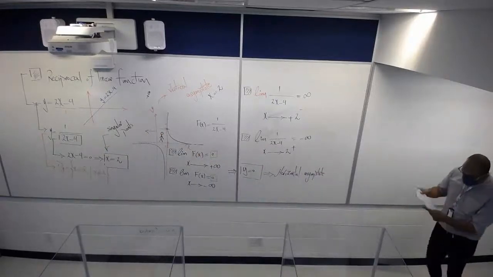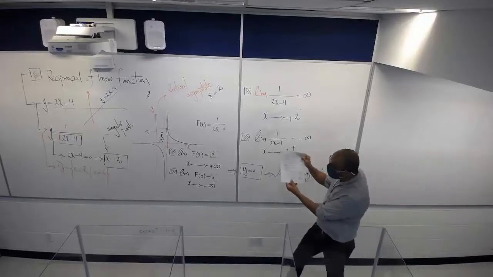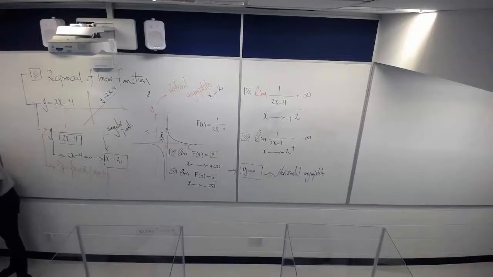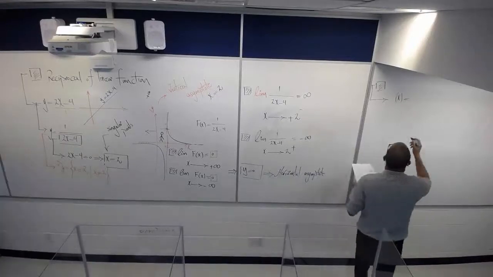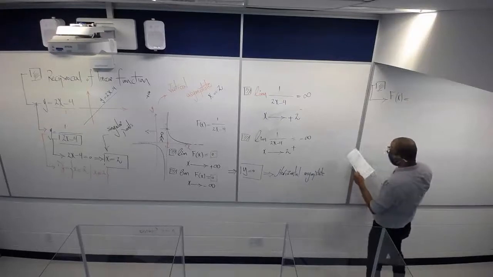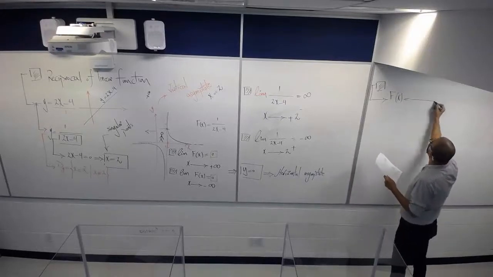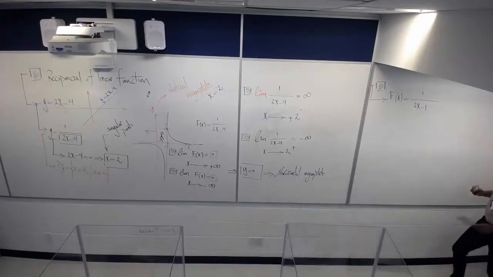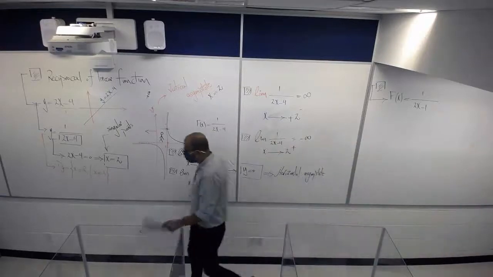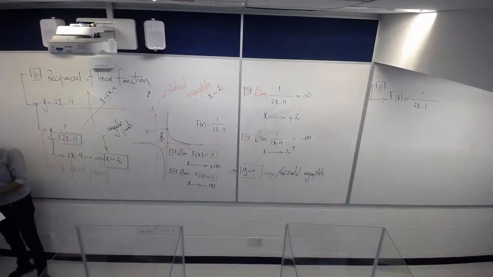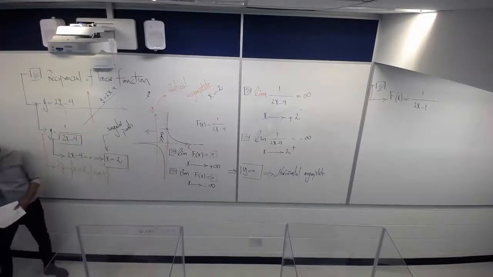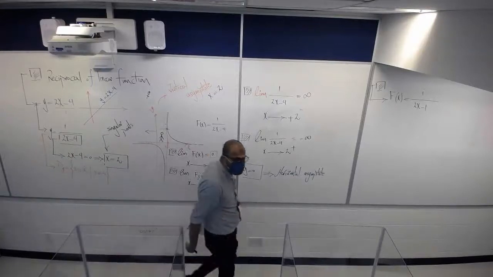Another example. Exercise example number 1, the function is 1 over 2x minus 1. Guys, essentially, when you look at that example, you see a lengthy description of the thing that is going to happen.